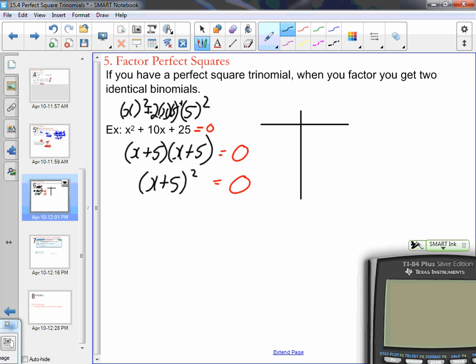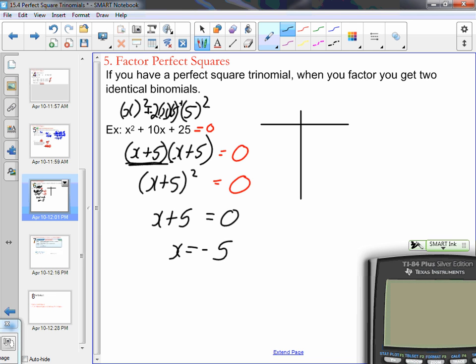Can't I take the square root of both sides of an equation? The answer to that is yes. Well, the square root of something squared is the something. So the square root of that binomial squared is the binomial. What's the square root of 0? 0. So what does x equal? We only got one answer this time.